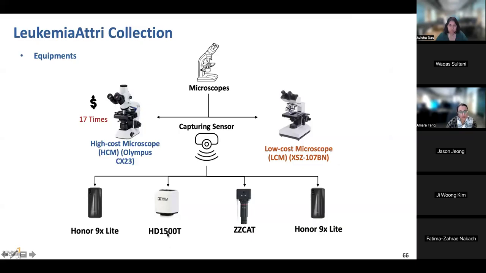Then we have a good quality camera, around $300 to $400, and a low cost camera of around $50, because we want to capture quality low cost data. We don't want to put the high cost camera on the low quality microscope. So we have the mobile and the low quality camera here, and the mobile and high quality camera here. So we have both setups.